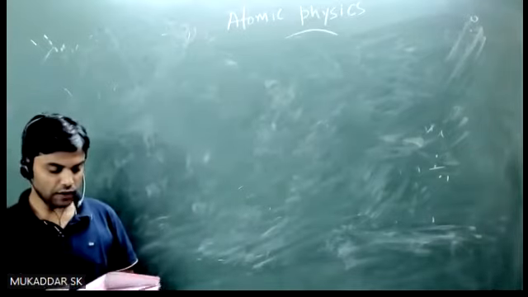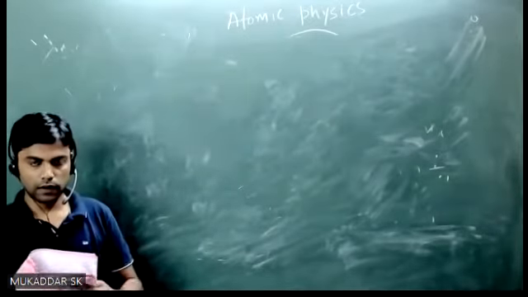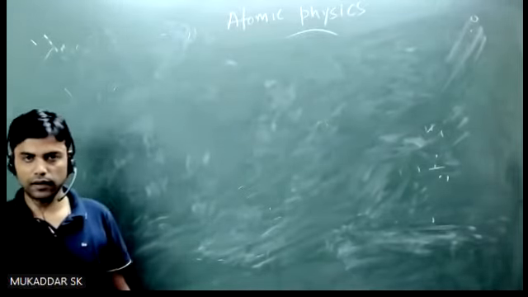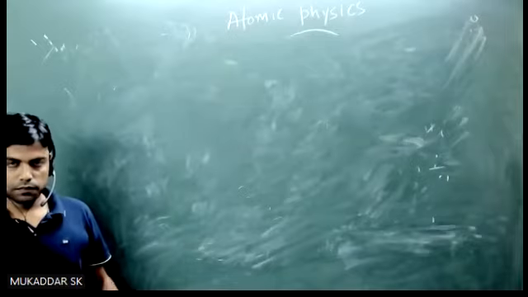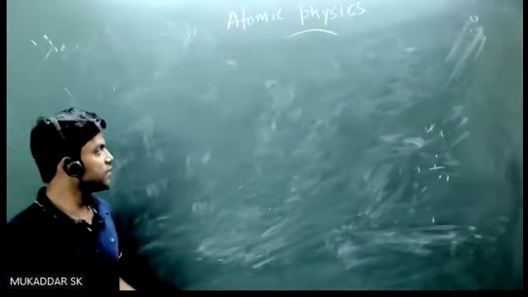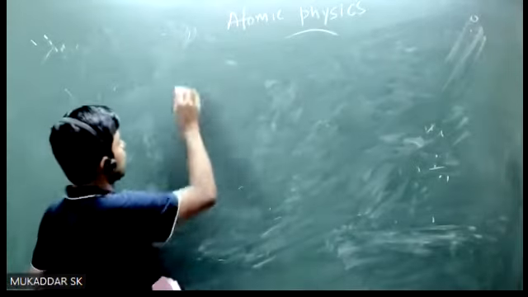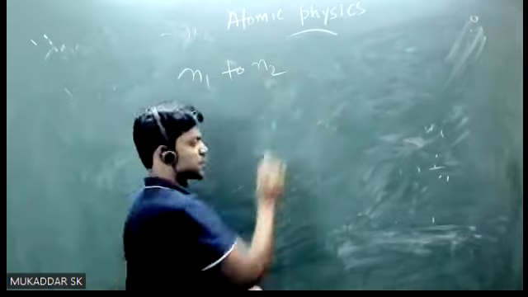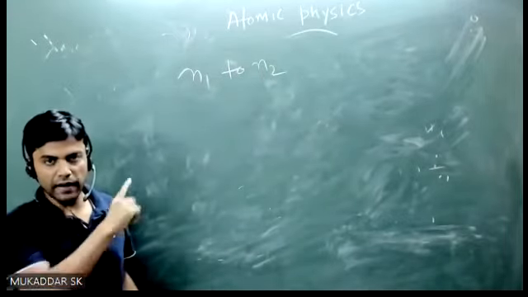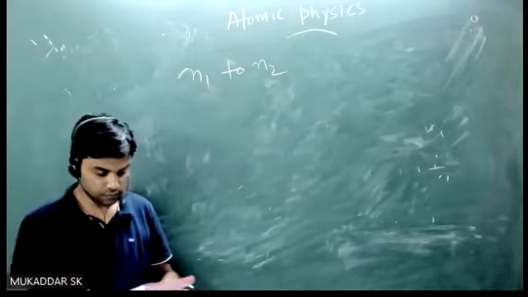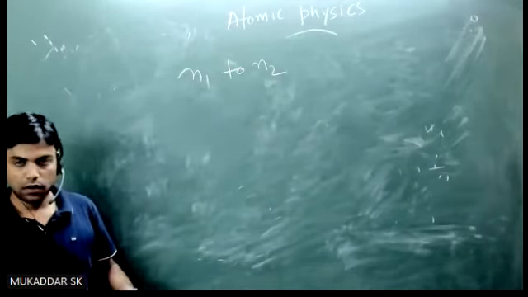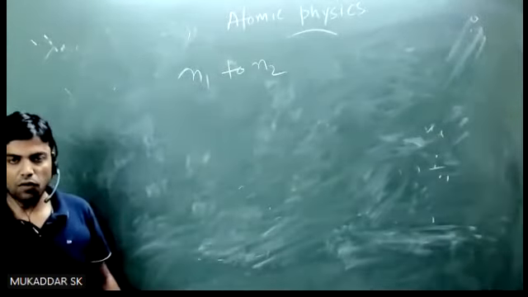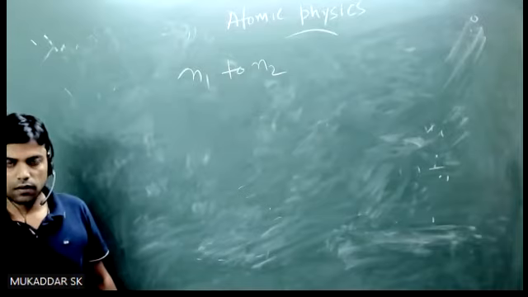An electron in the hydrogen atom makes a transition from n1 to n2, where n1 and n2 are principal quantum numbers.